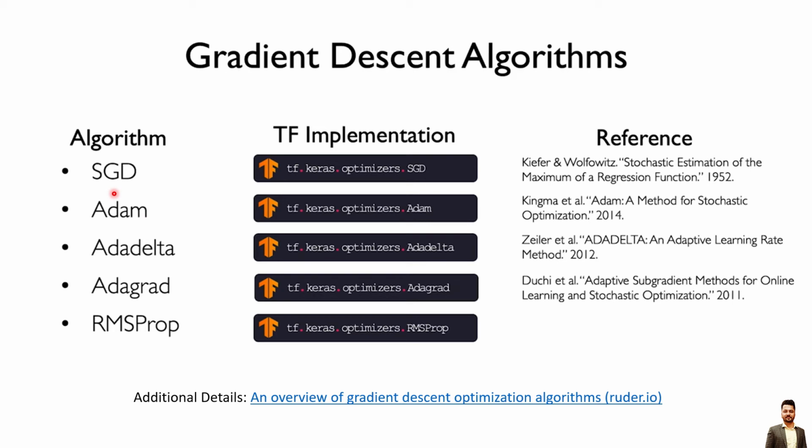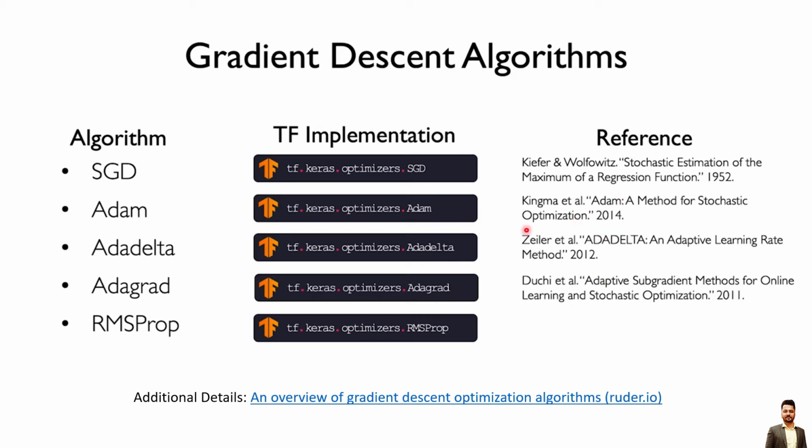Beta 1 is the momentum of SGD, beta 2 is the momentum of RMSprop, and epsilon is for not hitting infinity when solving the values in the formulas. If you go into the depth of Adam optimizer, you will see the formula and you will understand what I'm talking about. Beta 1 has a default value of 0.9 and beta 2 has a default value of 0.999. So just go and read these research papers. These are very interesting research papers actually.